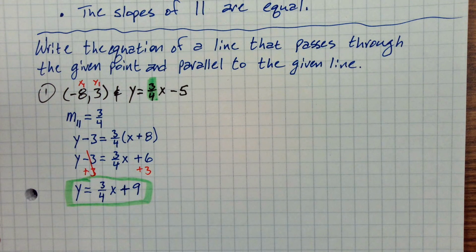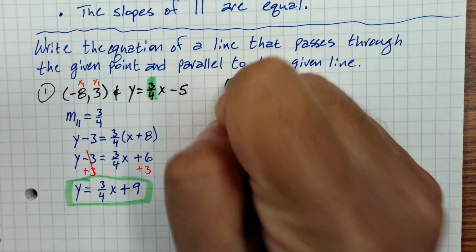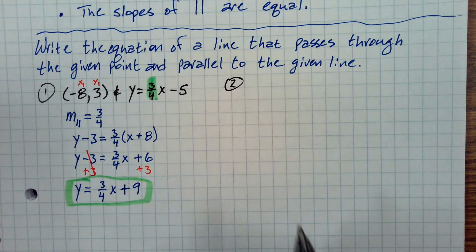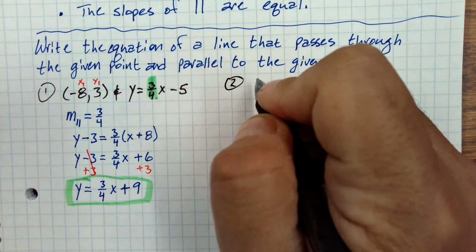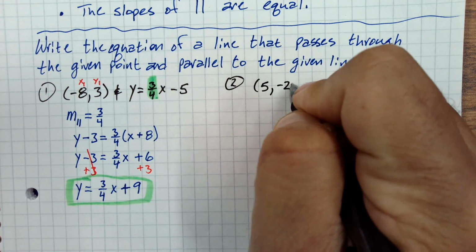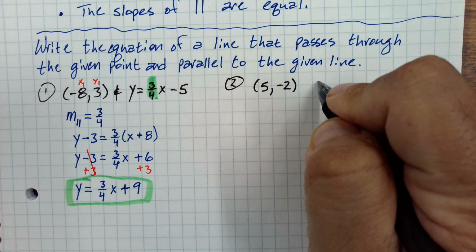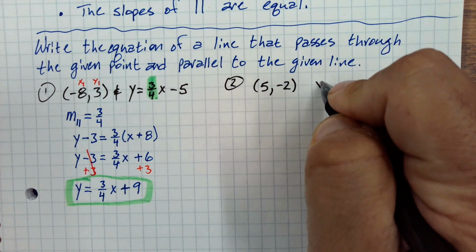All right. So let's say we have this. This will be number 2. Let's say I give you this point, 5, negative 2, and it has to go through this particular linear equation.